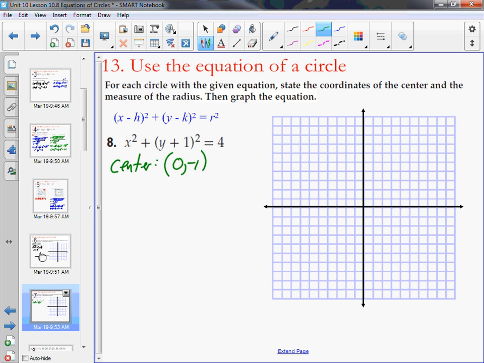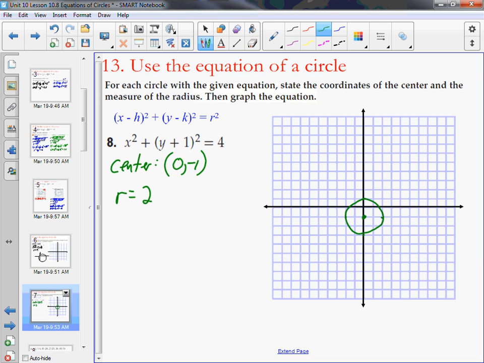So negative 1 is the y-coordinate. And what's the radius? 2. Okay? So 0, negative 1, radius of 2. That's about as good as I can do graphing a circle. All right. Questions?